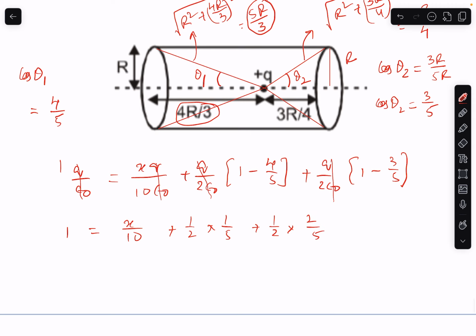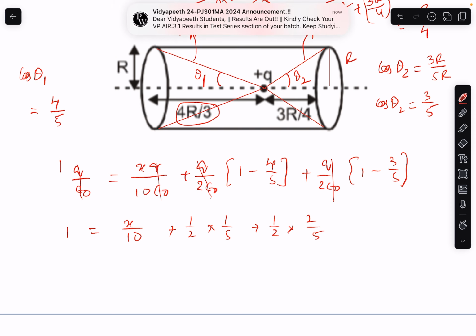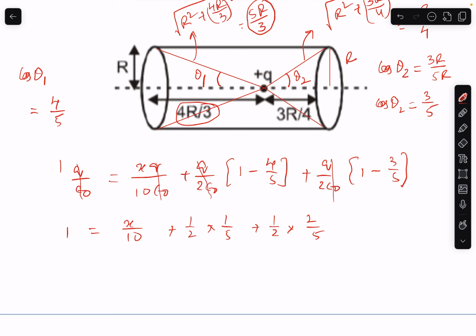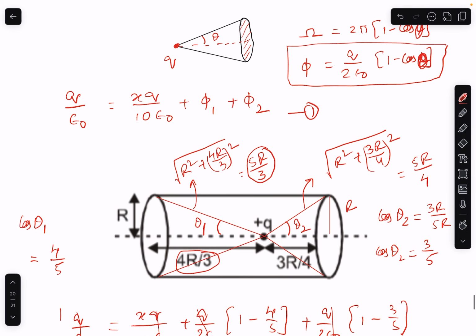We are getting a 10 in all the denominators, so we can multiply by 10 on both sides. So 10 = x + 1 + 2, and from here we get the value of x as 7. That is the answer we were asked to find.